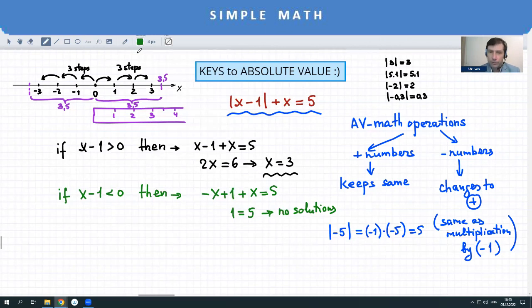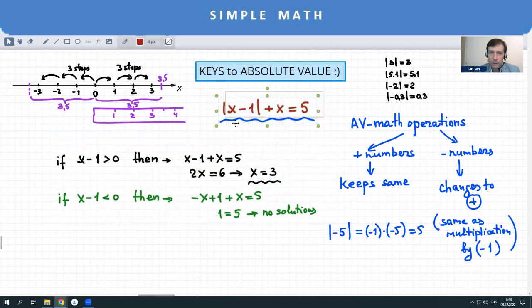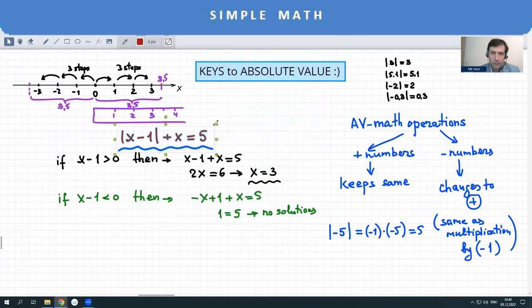If we have absolute value, we open them differently in different cases. Maybe let me do like this and show you one more case. I'll keep this one together with its solution.